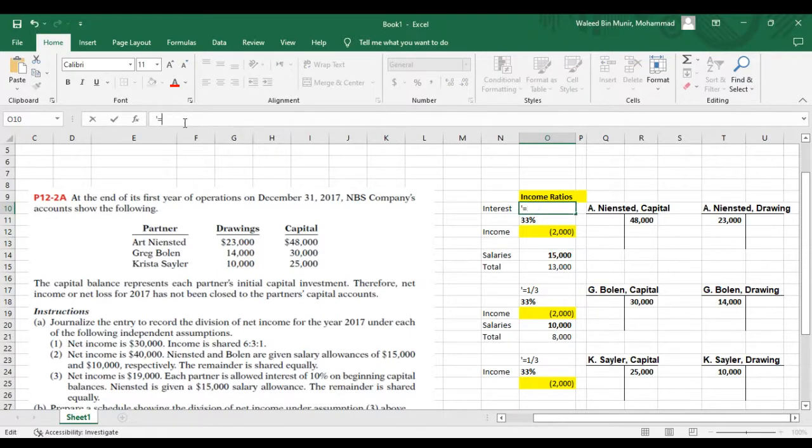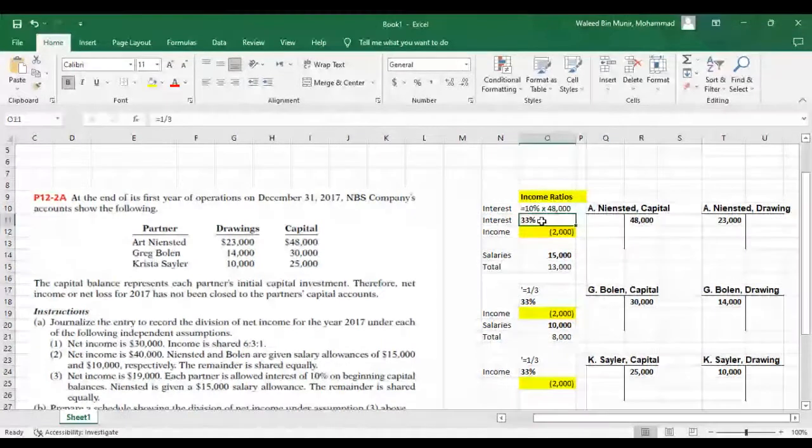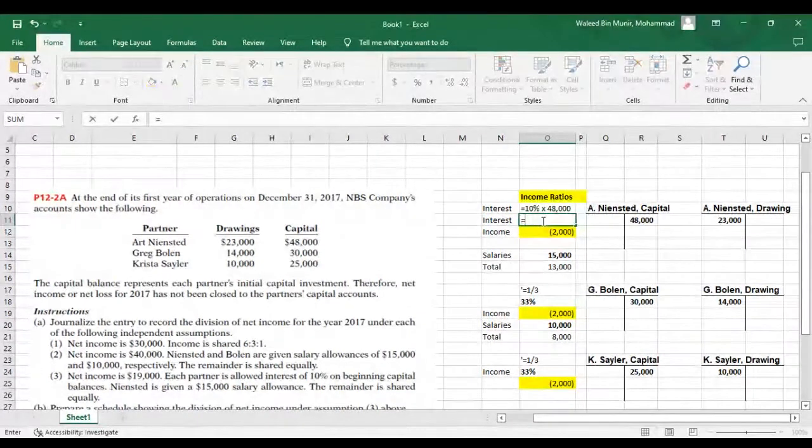So what you can do just to show you is 10% multiplied by 48,000 for the first one. So basically how much interest he is going to get, we can calculate, which is going to be 4,800, if I put the formula.